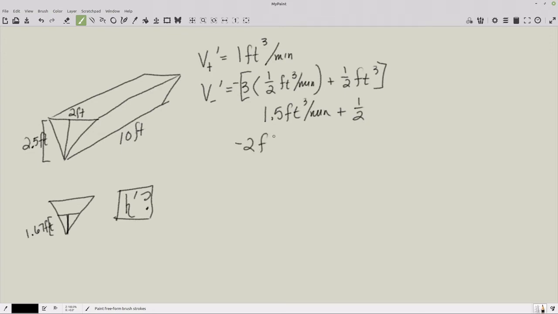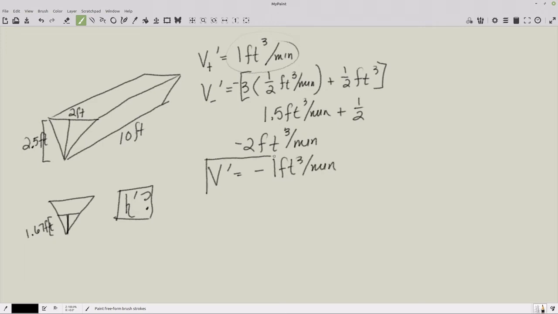Negative 2 cubed feet per minute, that's the negative side of it. And then we're also filling it by 1 foot cubed per minute. So the actual derivative, or the change in volume, is -2 plus 1, which is -1 foot cubed per minute.